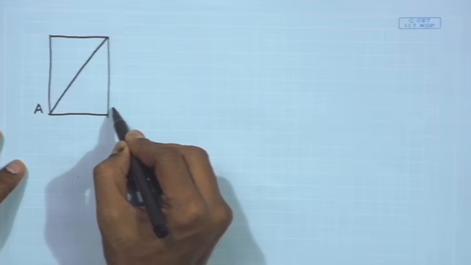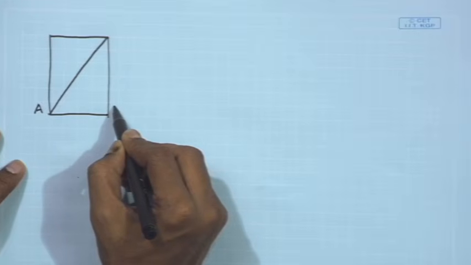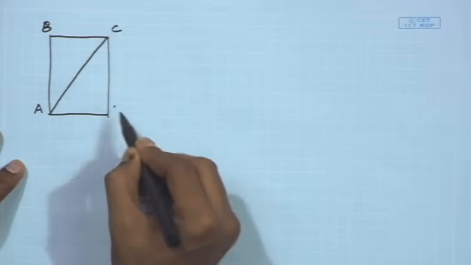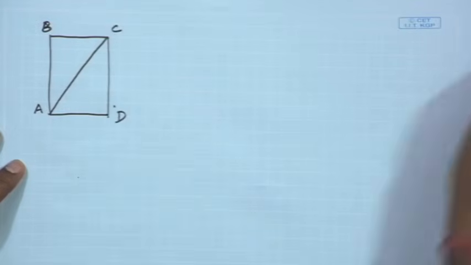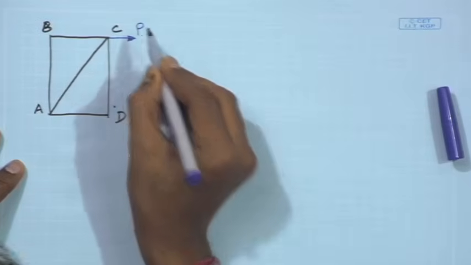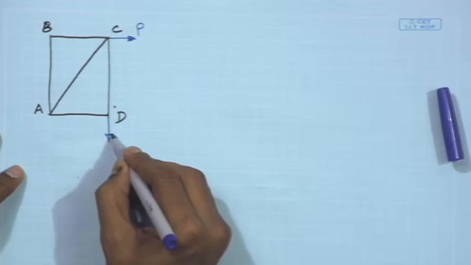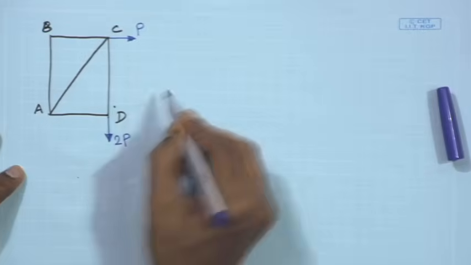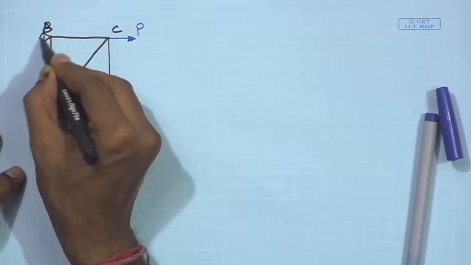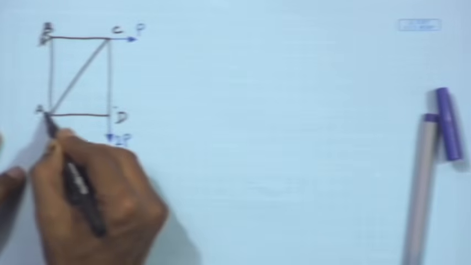This is member A, this is member A, this is member B, member B, then C, then D, and then we have a horizontal load of P at C and a vertical load 2P at D. This is a roller support, this is a hinge support, and this is a roller support here.